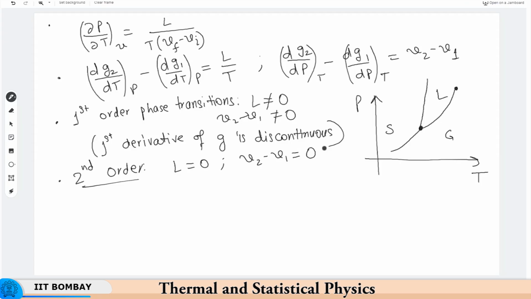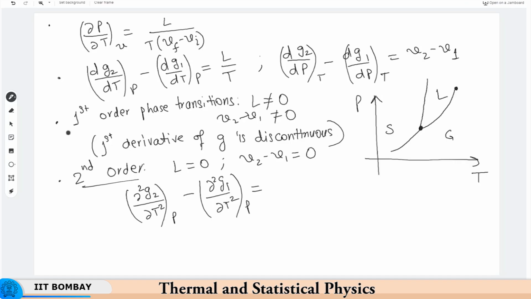However, if we take the second derivative of the Gibbs potential with respect to temperature at constant pressure, minus del squared G1 by del T squared at constant pressure, that is non-zero.